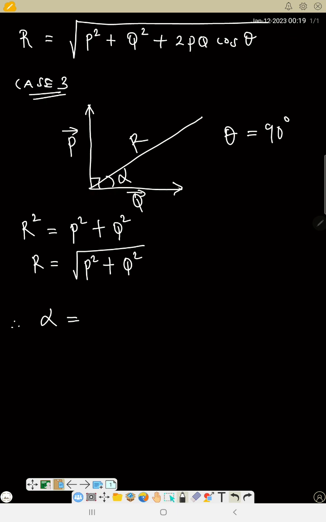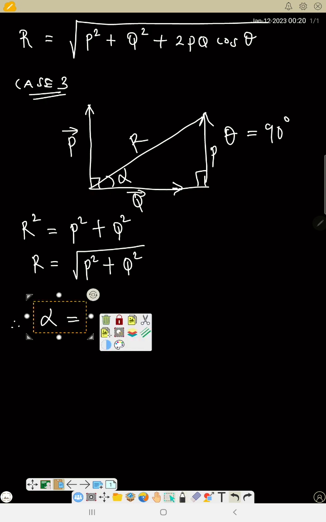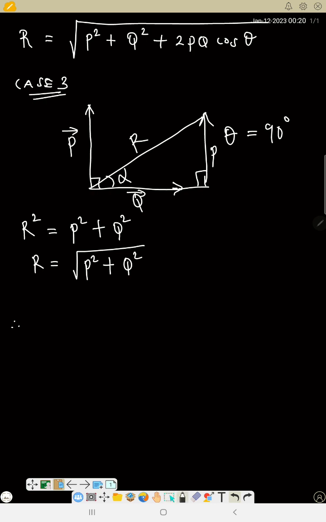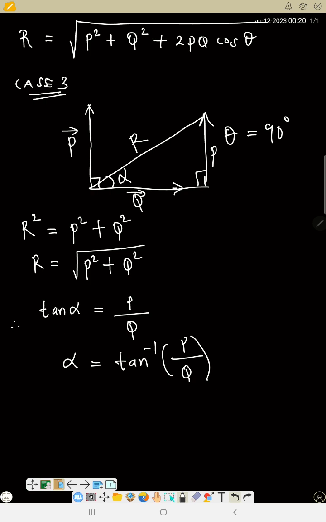If I bring the P back, and this is 90, using Pythagoras, tan alpha is equal to opposite, that is P, over adjacent, so alpha is tan inverse of P over Q. That is, if two vectors are perpendicular or at right angle to each other, then R is this, and the angle which the resultant makes with the horizontal is this.